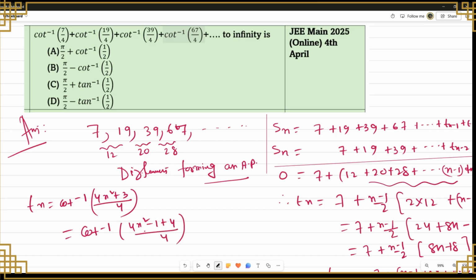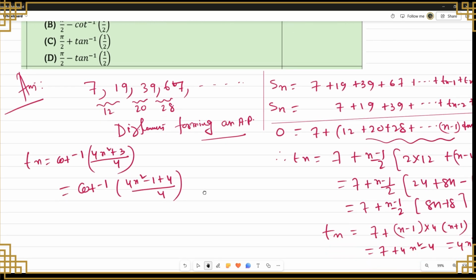Is it working over there? Let's see. There is a link. It will work because this thing is going to be factorized, plus 4, and that divided by 4.